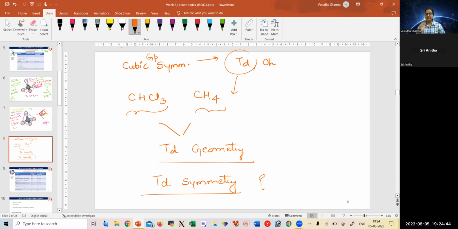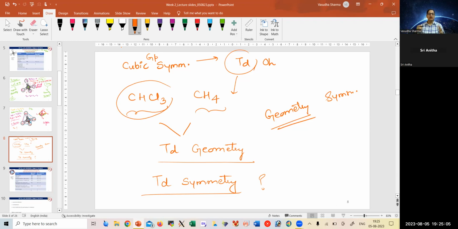No, here we have to understand very carefully that geometry is different from symmetry. Both have tetrahedral geometry, that is fine, but they don't both have tetrahedral symmetry, because symmetry means that an operation should generate the same kind of molecule.